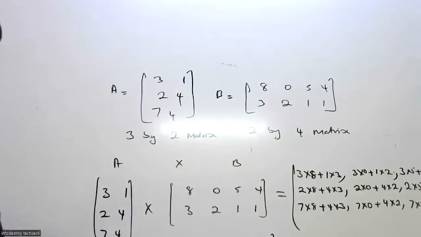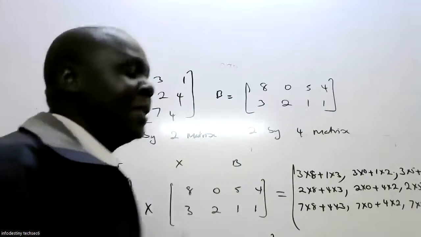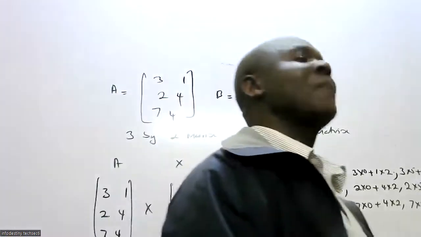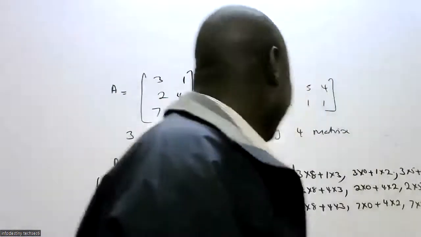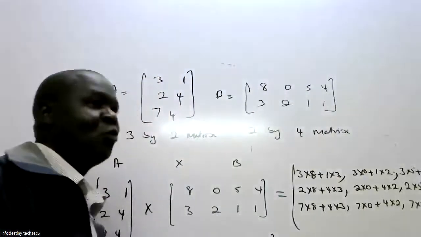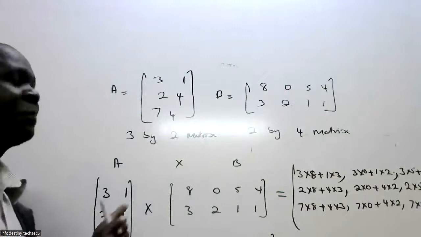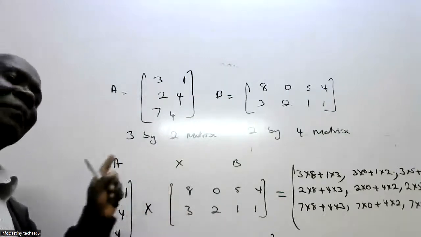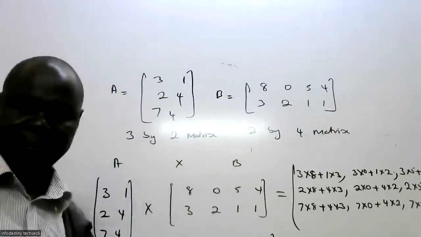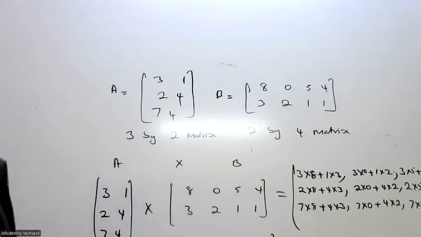Only square matrices can you interchange and still multiply. But when you talk about rectangular matrices, you cannot. If A can multiply B, then B cannot multiply A. So I hope you're together there.